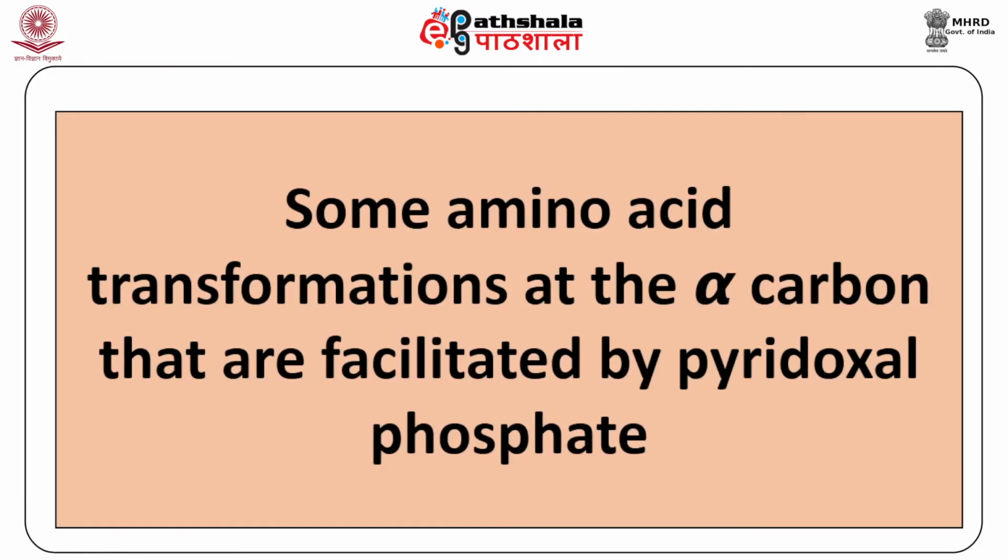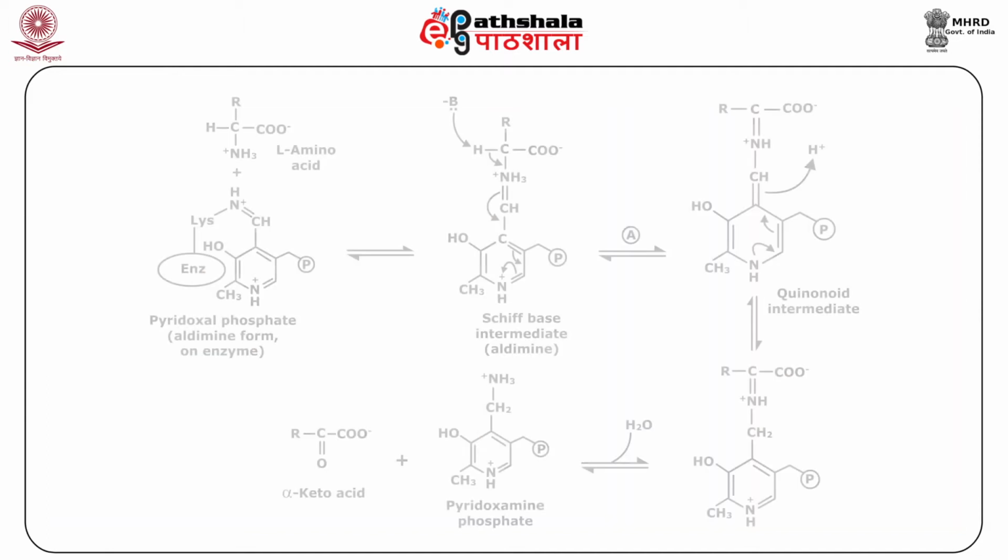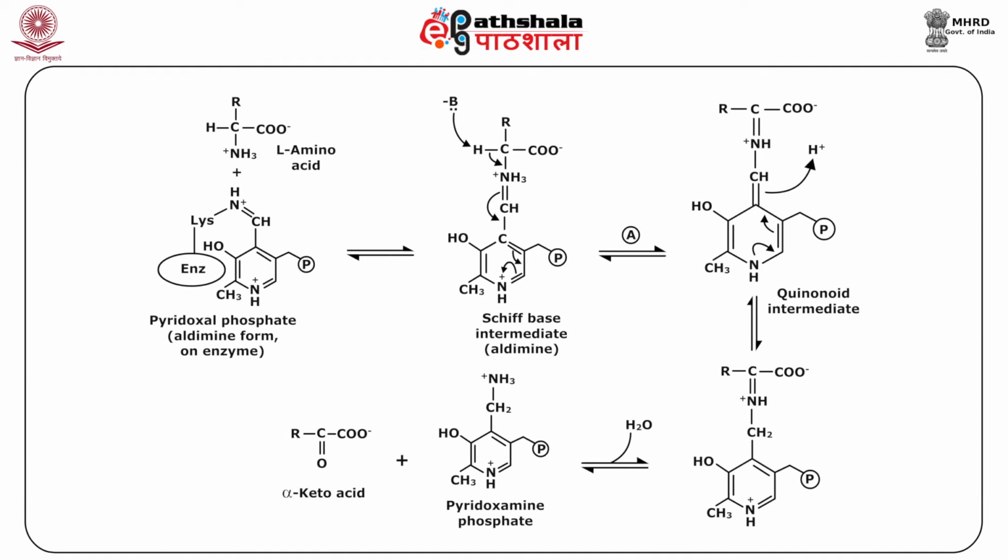Some amino acid transformations at the alpha carbon are facilitated by pyridoxal phosphate. As we have already told you earlier in this module, pyridoxal phosphate is generally bonded to the enzyme through a Schiff base.